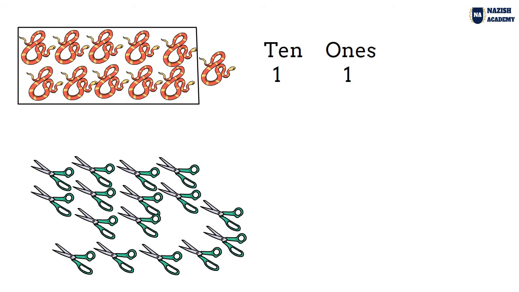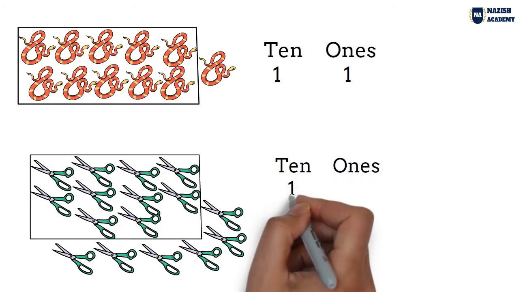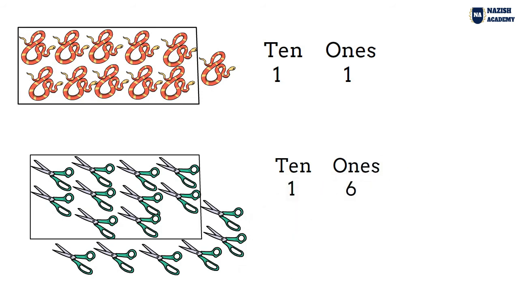We have to make a group of 10 scissors. These are 10 scissors. 10 and ones. 1 is at the place of 10 and 6 is at the place of ones. It's 16.